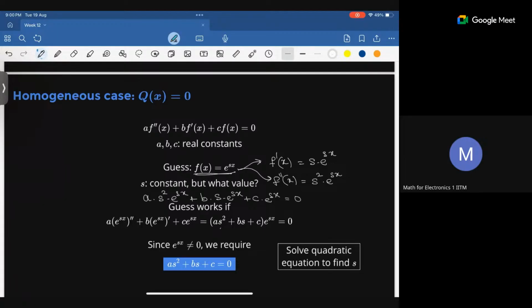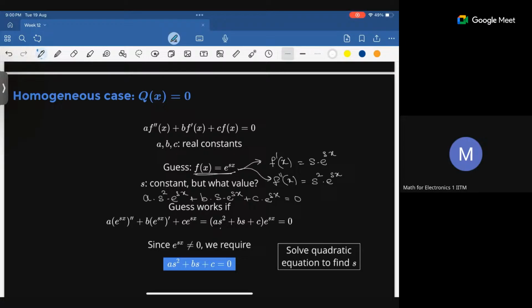So all three terms on the left hand side have e power sx. You can pull that e power sx common. Once you pull that out, you will have a s square plus b s plus c, times e power sx. That should be equal to 0.